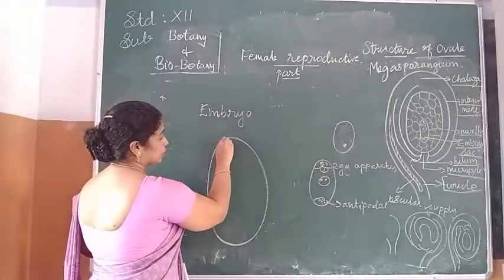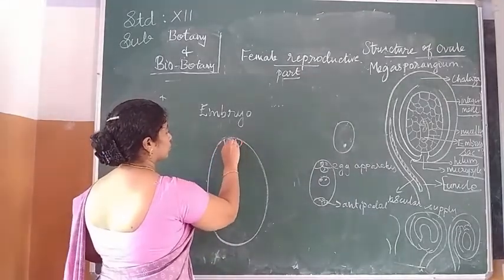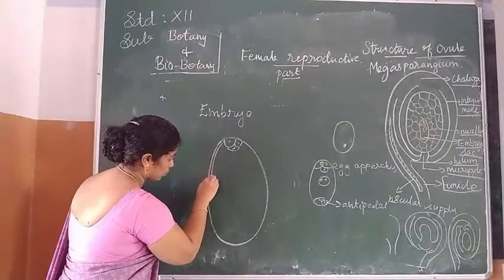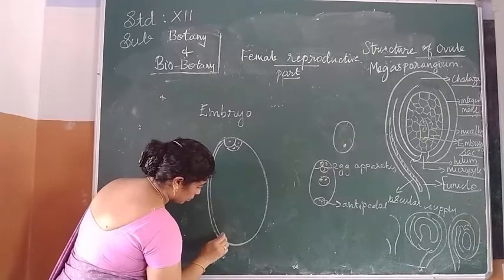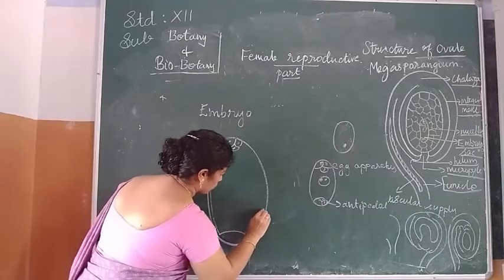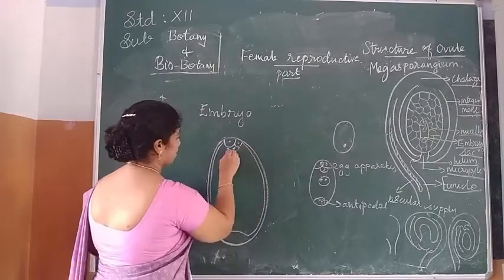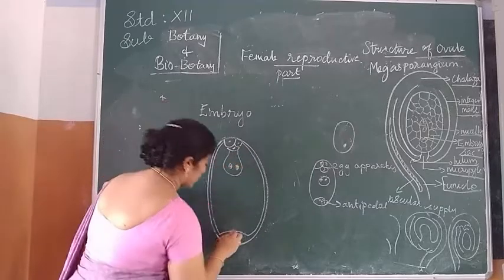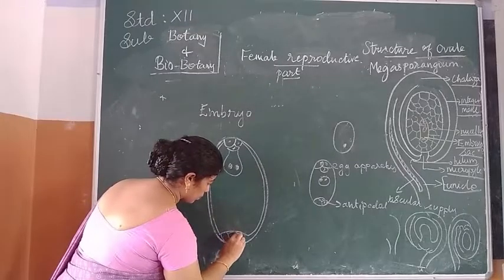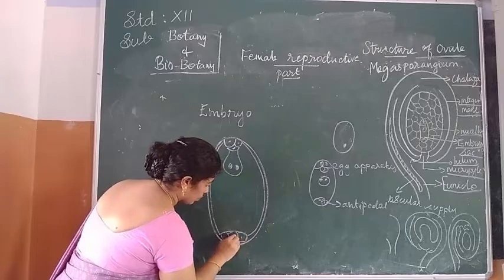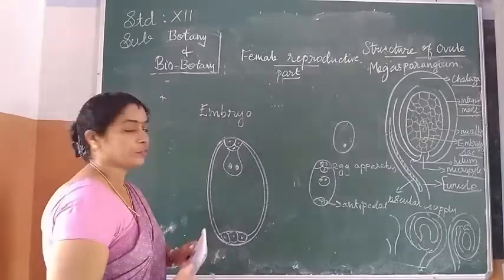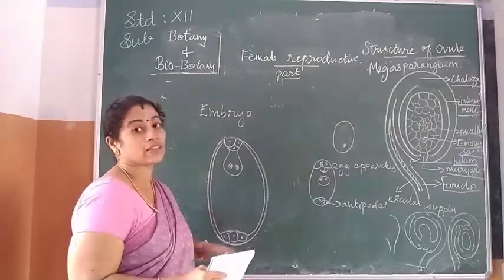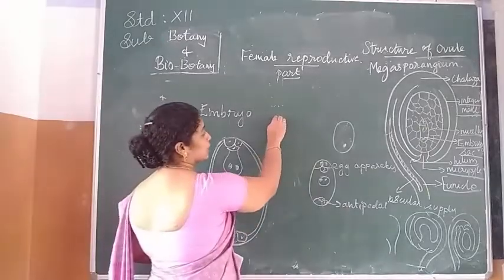It consists of 8 nuclei. It is an 8 nucleated 7 celled structure.